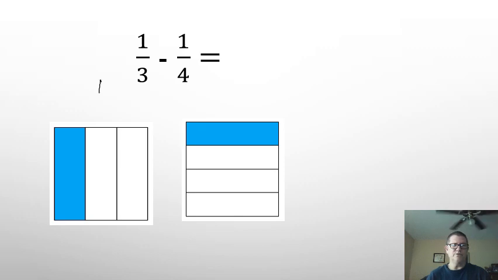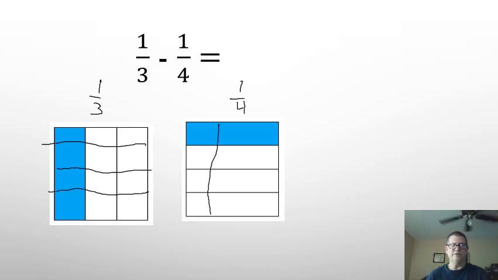Okay, so here's 1/3 and we're subtracting 1/4. First thing we're doing is create an equivalent fraction. So our thirds we're going to split into fourths. And our fourths we're going to split into thirds. And the equivalent fractions we ended up with, we can see we have 4 shaded. We have a total of 4 by 3, so that's going to be 12, 4/12.